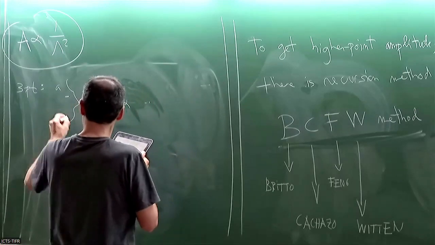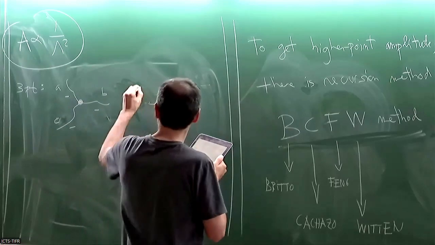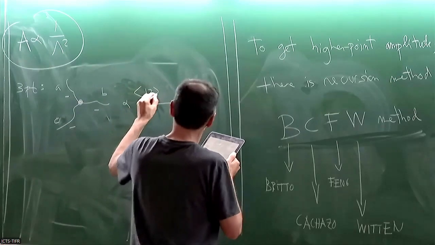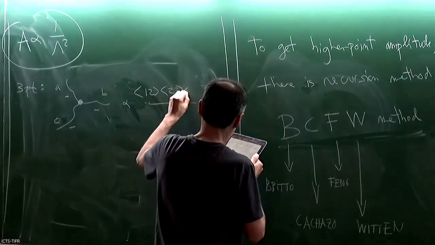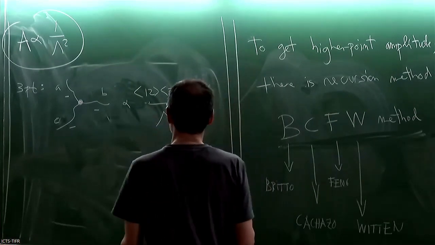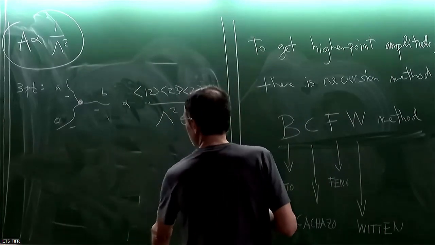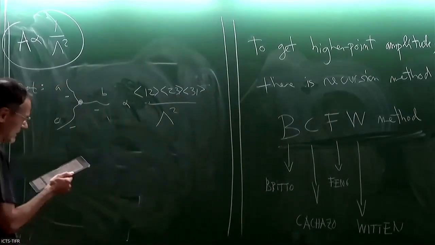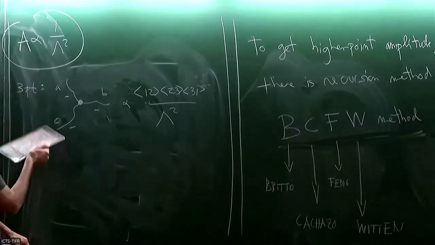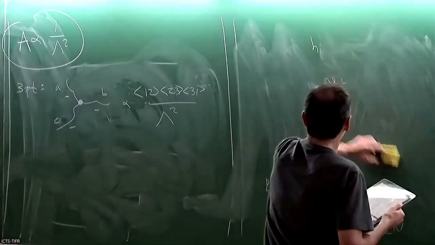And now you have minus, minus, minus, also 3 gluons, because you can do 1, 2, 2, 3, 3, 1, divided by lambda squared. Dimension 3 divided by lambda 2, I have the lambda now, so it opens more possibilities. And that's the only one, 3pt.